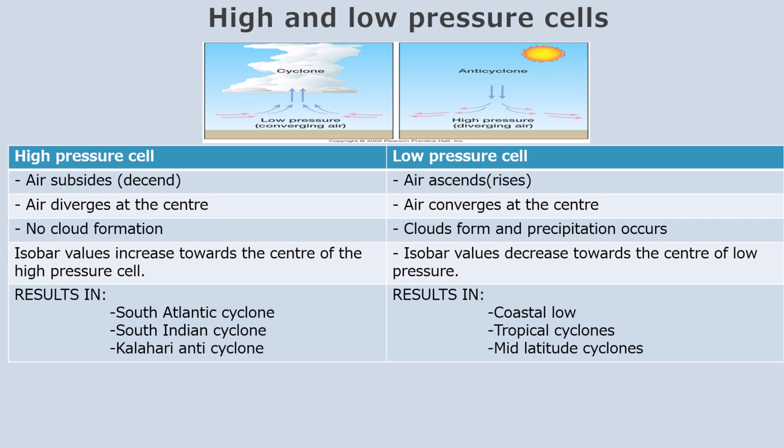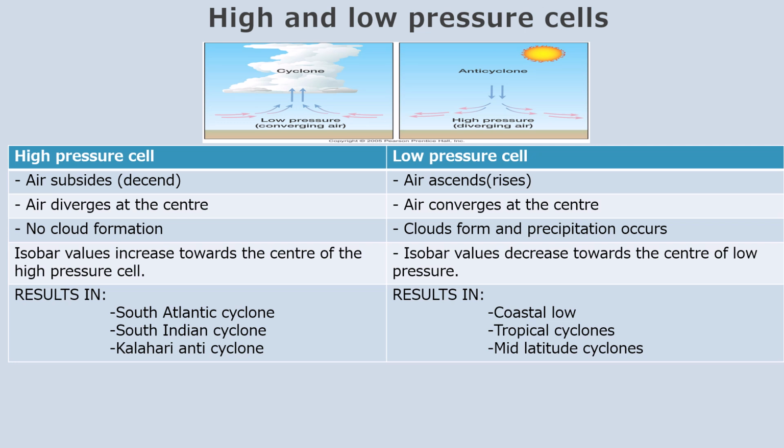Which means under the high pressure cell, there's dense air. Dense air, we all know, is air which cannot rise. Remember, the air that rises results in cloud formation and later in rainfall, all those kinds of precipitation.